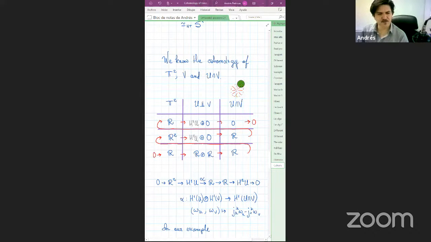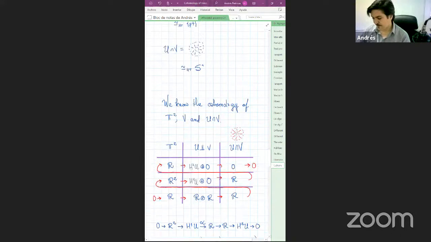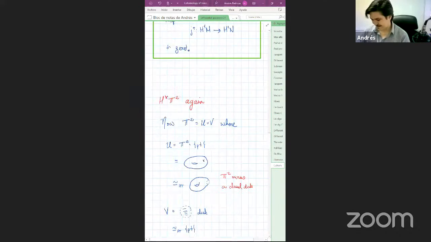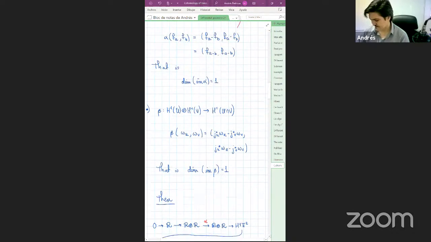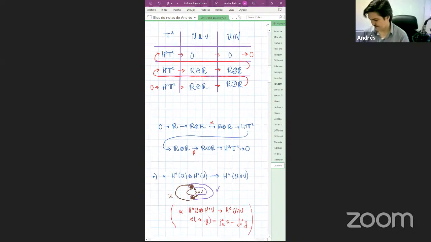Well, there were two reasons, but U intersection V is connected. And that's what I have here. I forgot the bottom row. But on the first one, no. So this is this one.